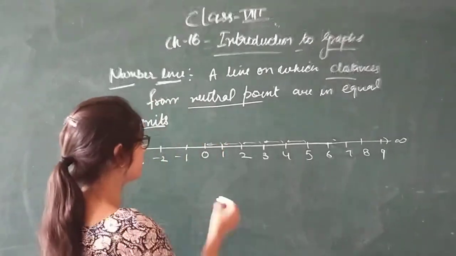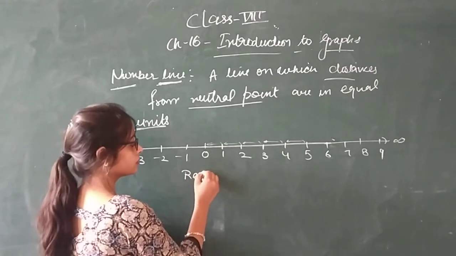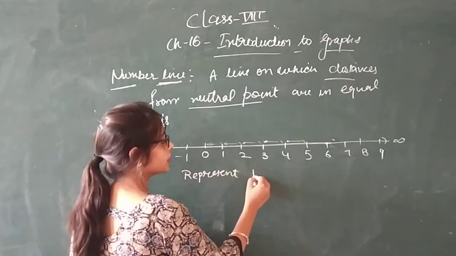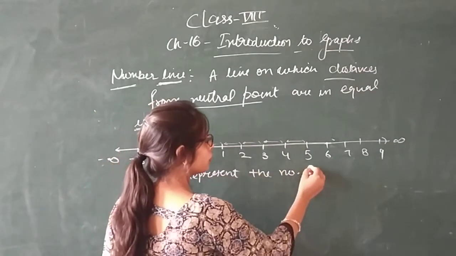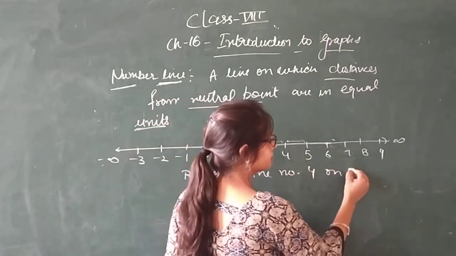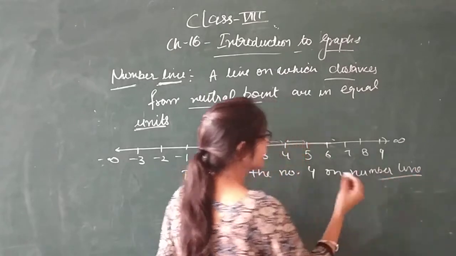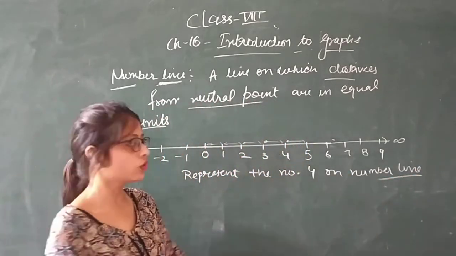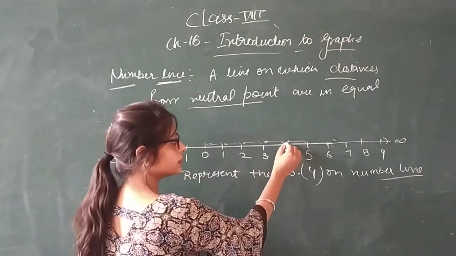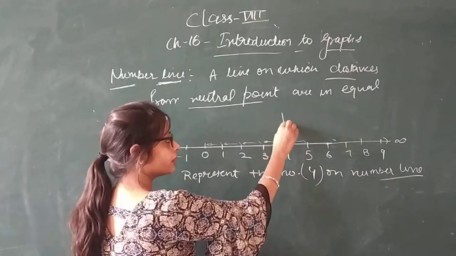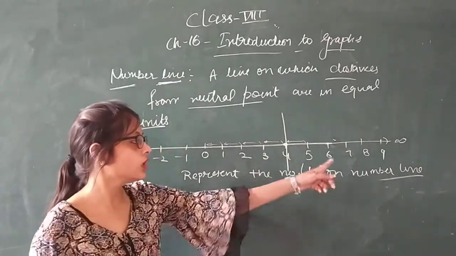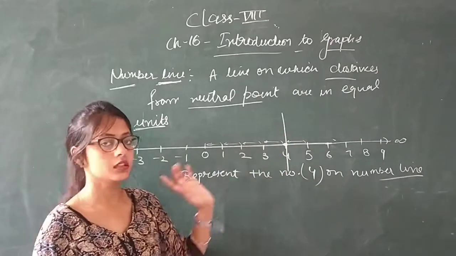Now if I say represent the number 4 on the number line, this is the number 4. We will represent number 4 on the number line this way.